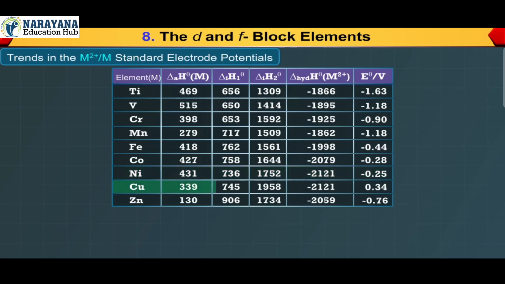Copper: 339, 745, 1958, −2121, 0.34. Zinc: 130, 906, 1734, −2059, −0.76.